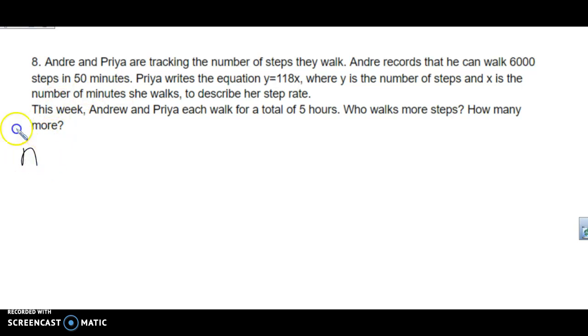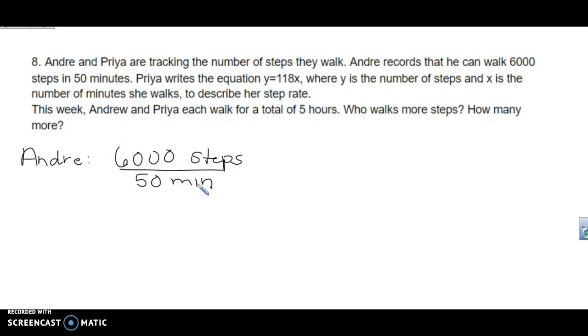So for Andre, we know that it's 6,000 steps in 50 minutes. To find how many he walks in 1 minute, to find the rate of change, we're going to do 6,000 divided by 50, and that equals 120.